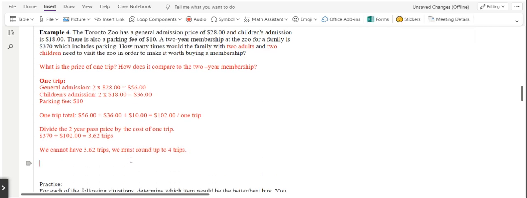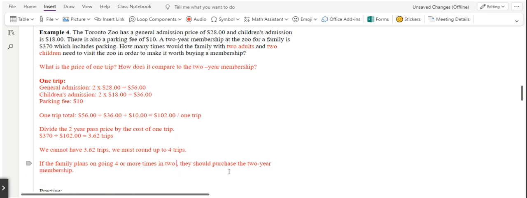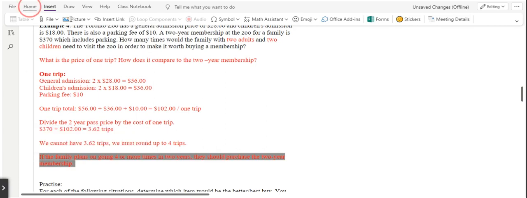And so if the family plans on going 4 times, four or more times, they should purchase the 2-year membership. Okay. So I should say, if the family plans on going 4 or more times in 2 years, they should then purchase the family membership pack.